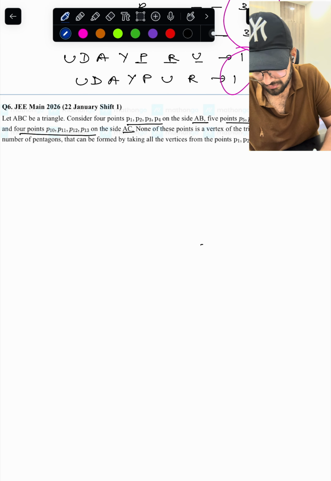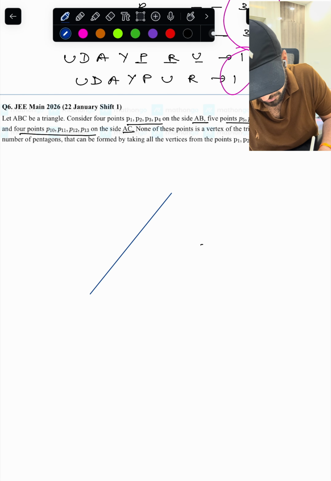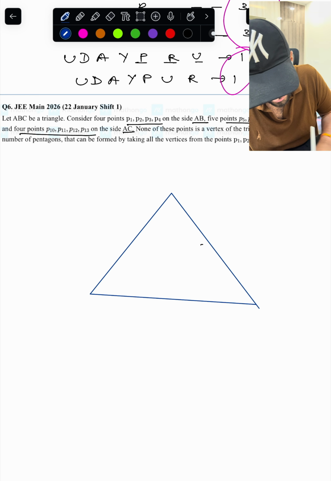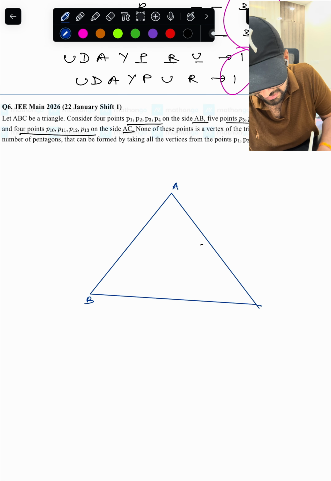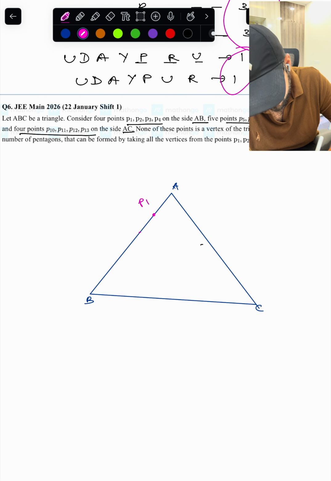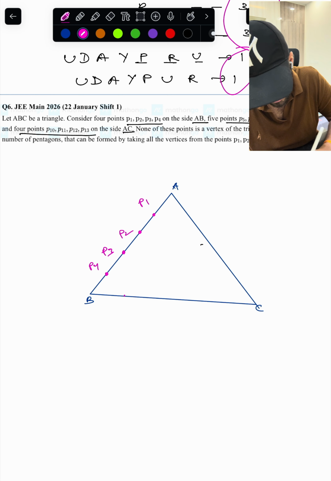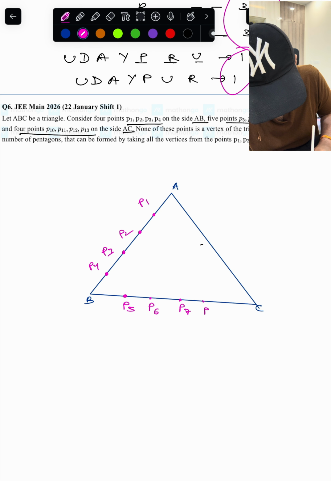Okay, so let's draw a rough graph. So ABC is a triangle, so they were saying ABC. Okay, so they are taking 4 points on AB, P1, P2, P3, P4, and 5 points on BC, P5, P6, P7, P8, P9, right?